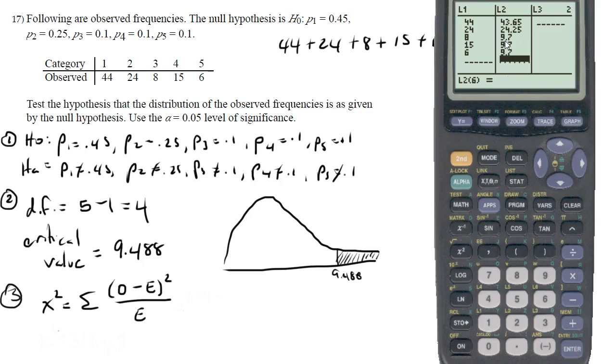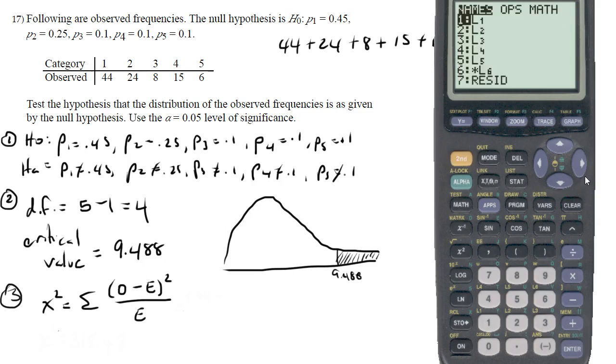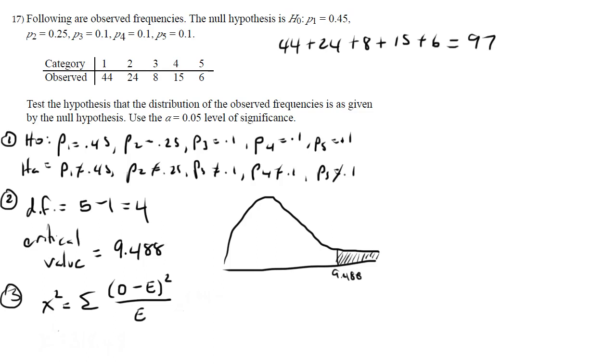We all expect them to be 1/10 of 97. There we go. Now I'm going to quit out of here, go to second list, over to math for that sum function, sum of L1 minus L2 squared divided by L2. 4.61 is our chi-squared value.